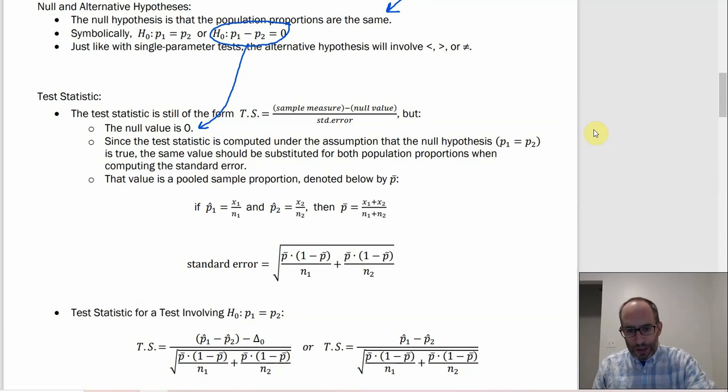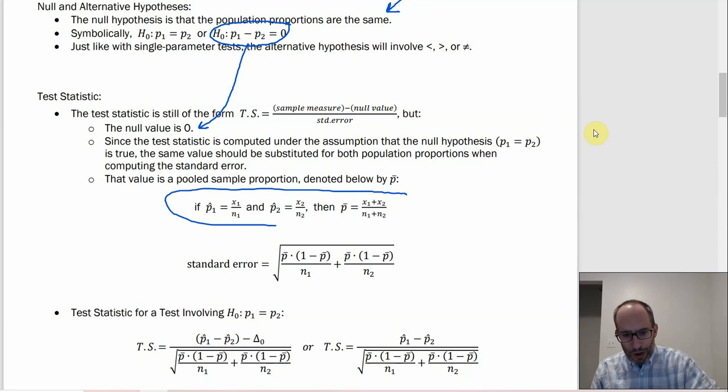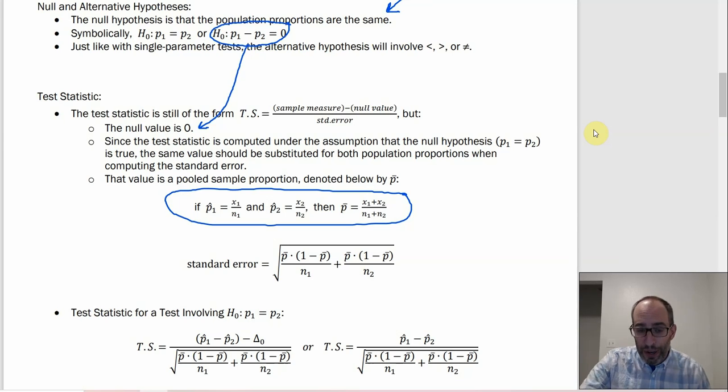So right here, this is the pooled sample proportion, where if P1 hat's got some numerator and denominator, so I just said x1 and n1, and then P2 hat is x2 over n2. Then if you pool them together, you would combine the sample sizes and then just add the number of successes. So basically you add the numerators and add the denominators. And that would do it.